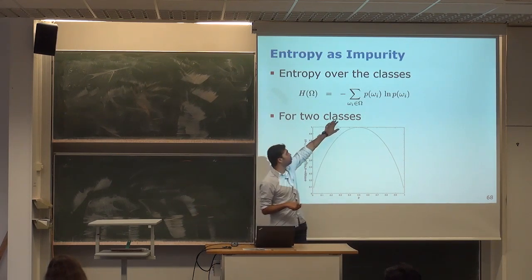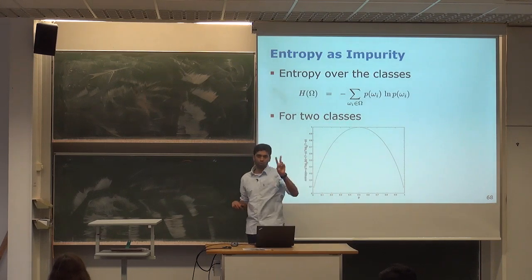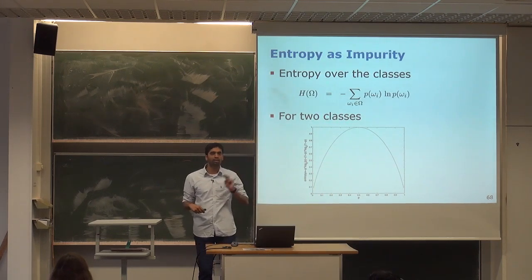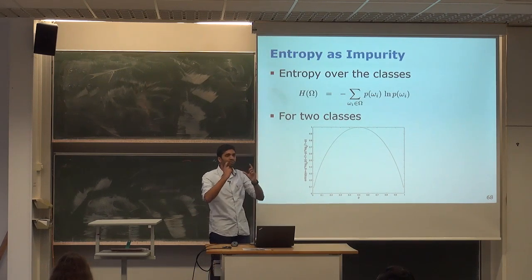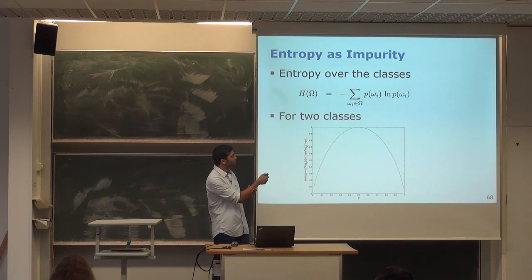So if you have a binary problem, you have 2 classes, omega 1 and omega 2, essentially H of omega, the entropy of this region of the input space, is the probability of the first class times the log of the probability of the first class plus the probability of the second class multiplied by the log of the probability of the second class.